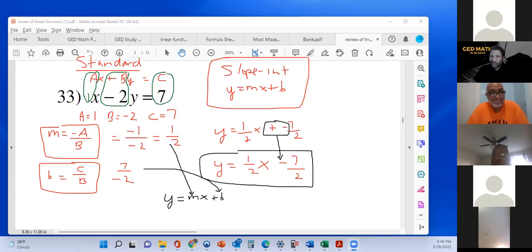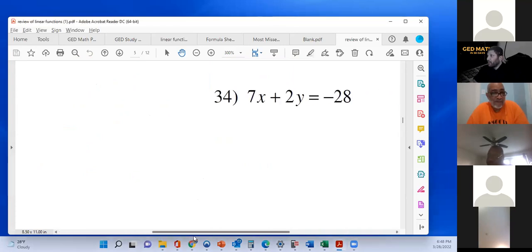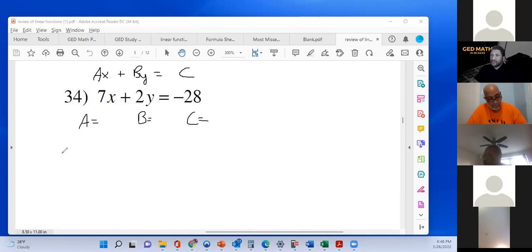All right, let's try one ourselves. Let me find another. There we go, right there. In the chat, I want to know several things, and again, I'm modeling the way I want you to do these problems. Remember, standard form is AX plus BY equals C. I want to know what A is, what B is, and what C is.